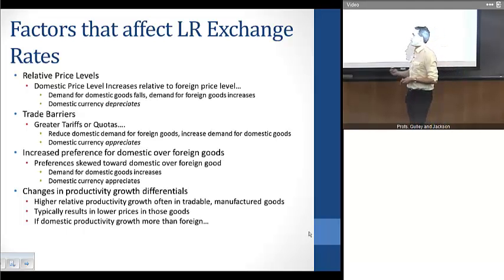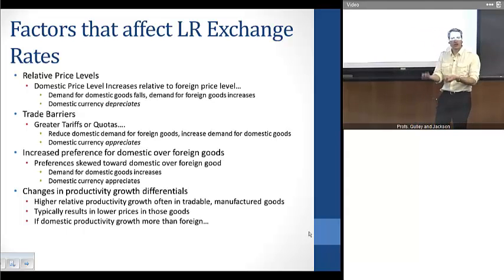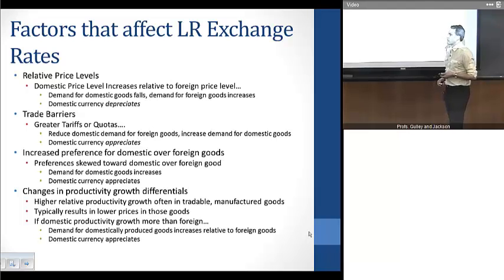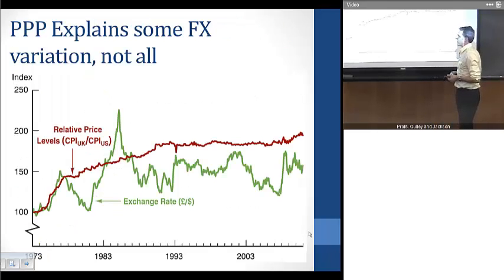And so that higher productivity typically translates into lower production costs and therefore lower overall costs to those goods. And to the extent that this translates to lower prices for those goods, that's going to lead to an increase in the demand for domestic denominated goods, and therefore you would expect the domestic currency to appreciate. And we'll see the mechanics behind this in the next chapter.